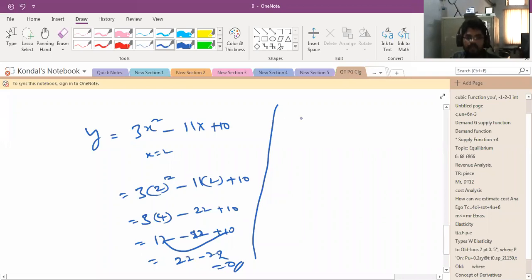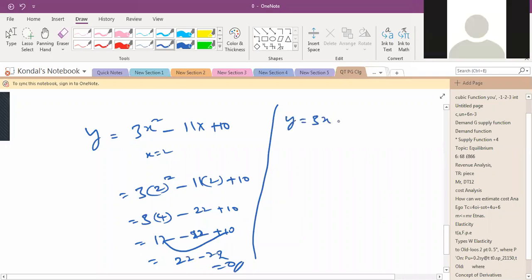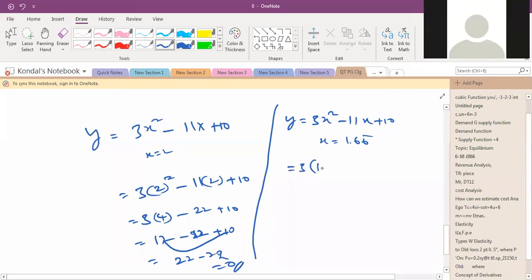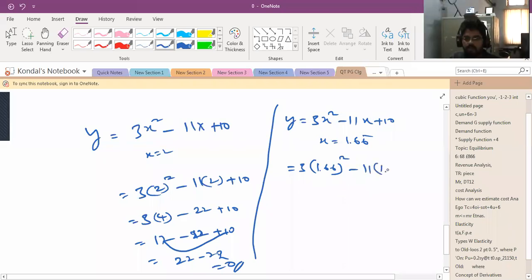Then y is equal to 3x square minus 11x plus 10. Here you can take x is equal to 1.66. Somewhat you may not get exactly 0, because there is 1.666 recurring. So 3 into 1.66 whole square minus 11 into 1.66 plus 10.